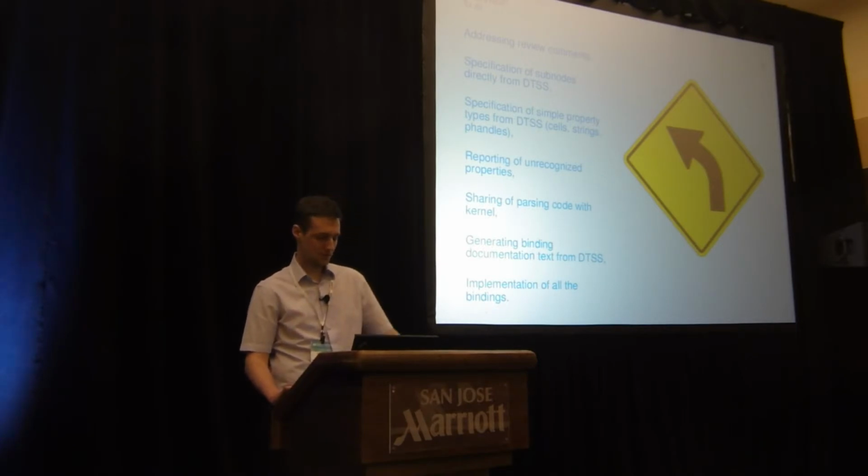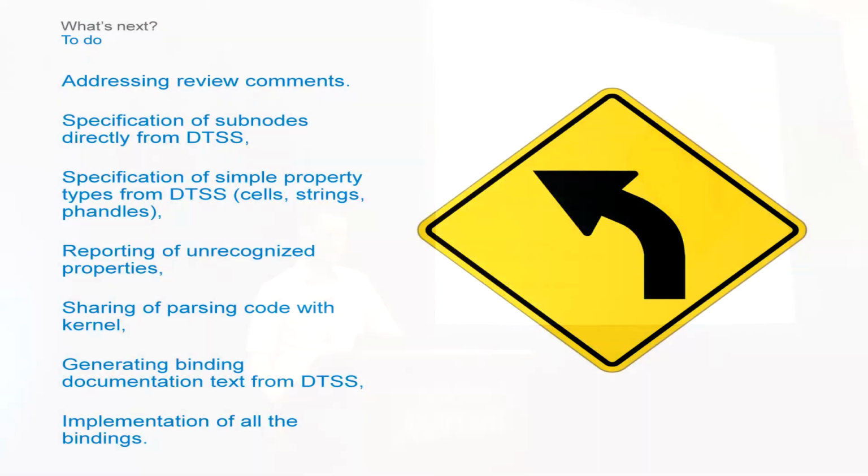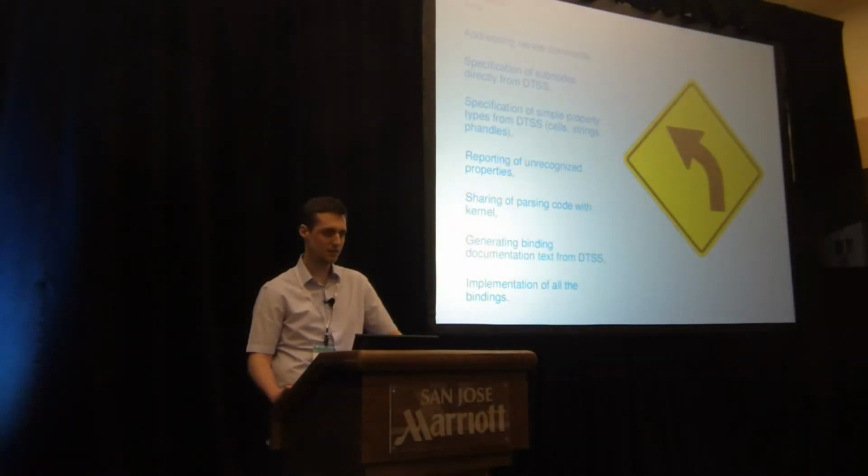One more idea for future is generating binding documentation directly from the DTSS files that would completely replace the currently existing text files in the kernel. So we could just have the machine-readable specification and then automatically generated documentation without duplicating the same information.